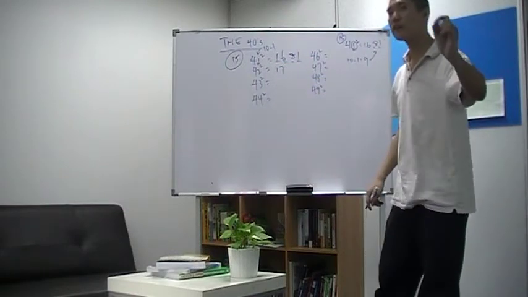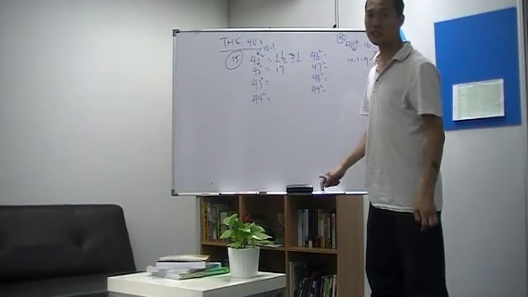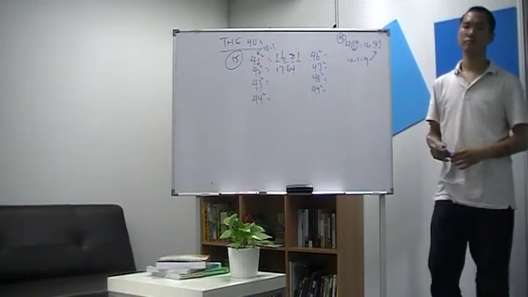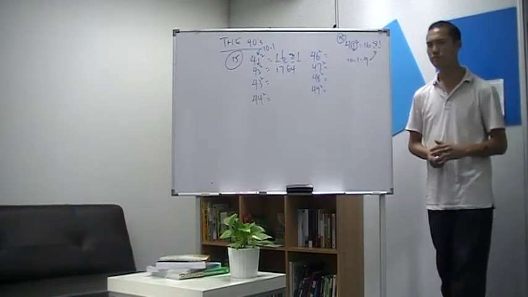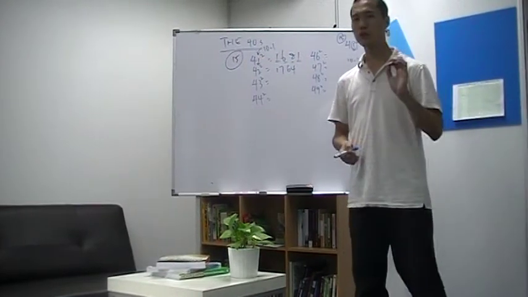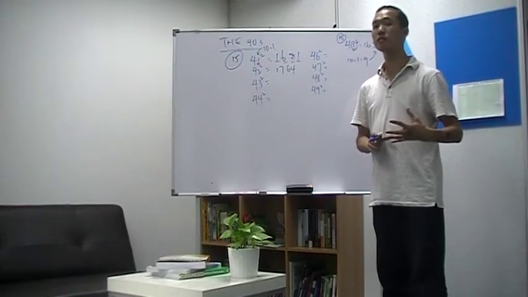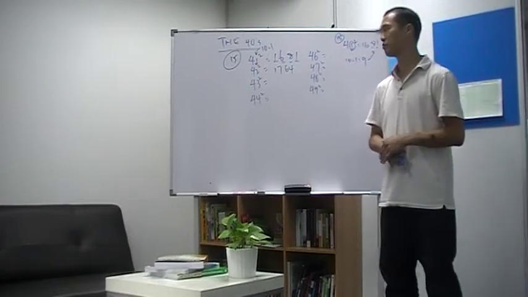Then you take 10 minus 2, which is 8. 8 squared is 64. Got it? You can pause the video right now and start thinking again. Then you come back after you understand a bit, and we can continue to explain it again.